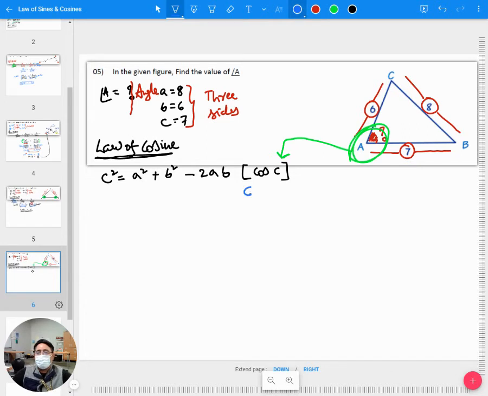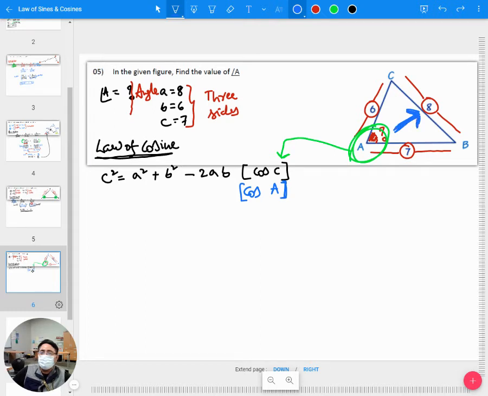Therefore, cos A. Please notice that A and C values I'm interchanging. So wherever C comes, then I have to take A. C square means, this may be a little confusing, in the place of C, I'm taking the A value.